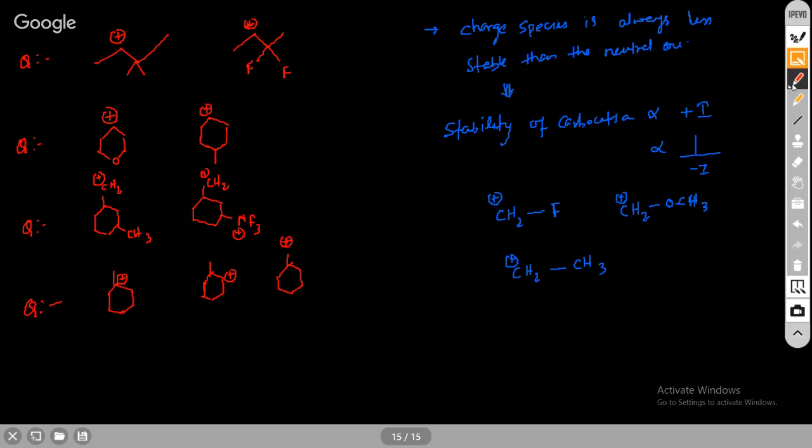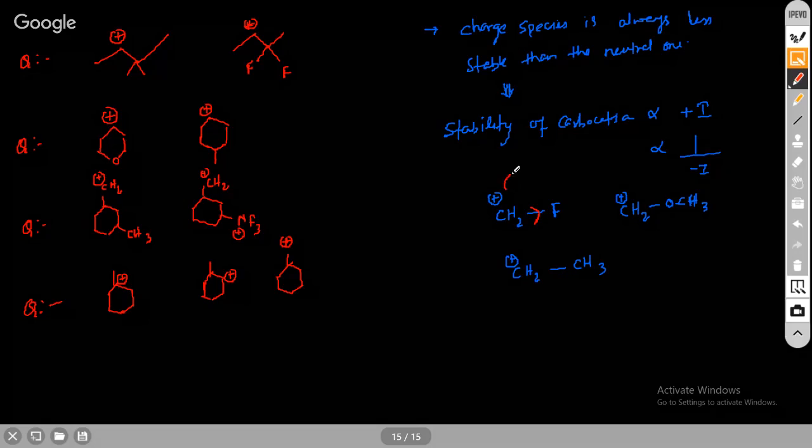You see this F has minus I nature, so it withdraws electrons, and when it withdraws electrons, the positive charge density on this carbon increases. This CH3 has the tendency to lose electrons, so it releases electrons onto this carbon, so the positive charge density here decreases.